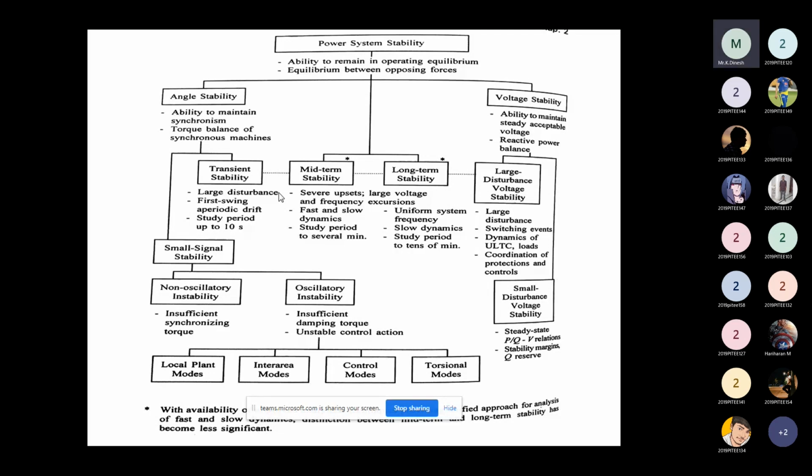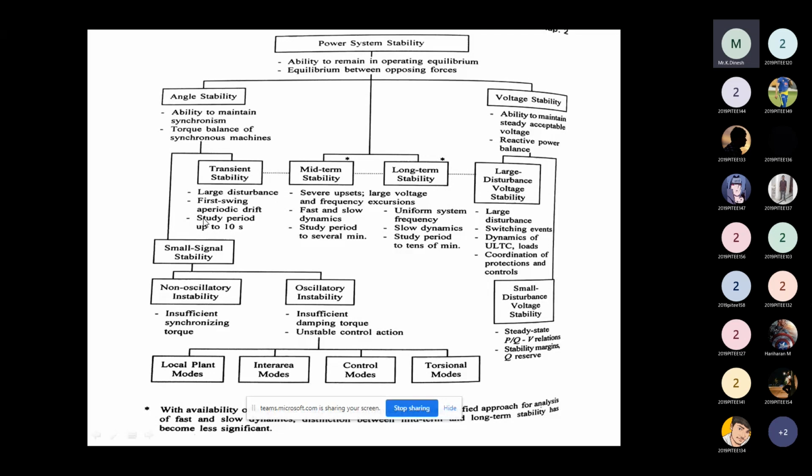So that traveling time is much less, but the system will get a large disturbance. Probably it is the first swing of a period. So on the subtransient and the transient, the first drift is most severe.